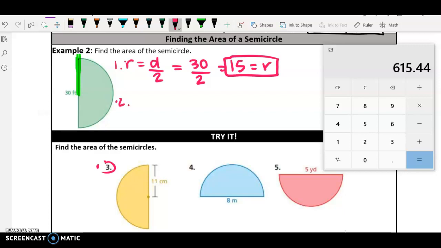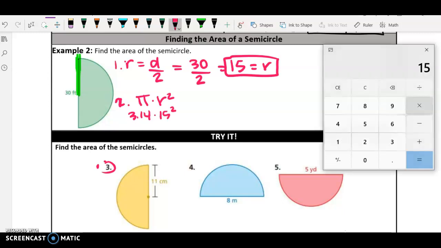Then the next step I'm going to do is find the area of a circle. So I know I have pi times r squared. So 3.14 times 15 squared.